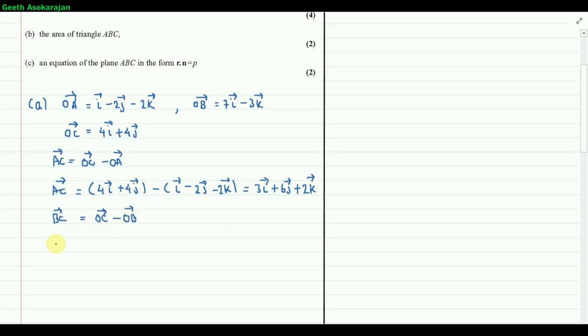So BC is equal to OC, which is defined as 4i plus 4j, minus OB, which is defined as 7i minus 3k.